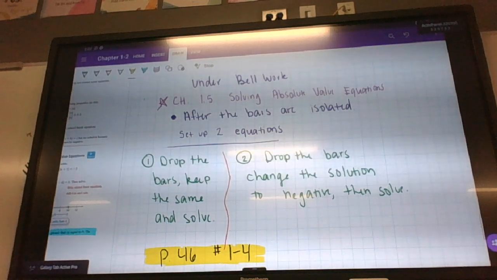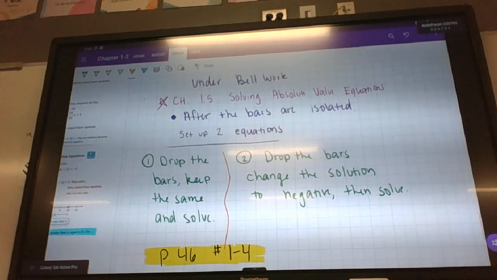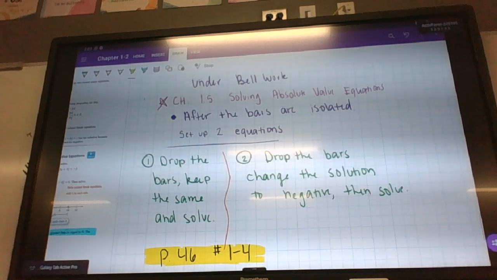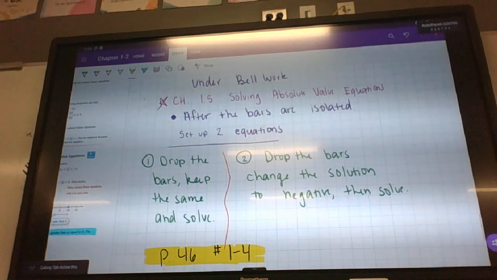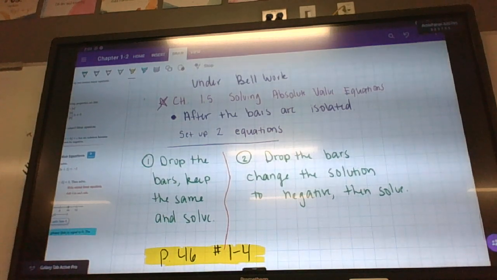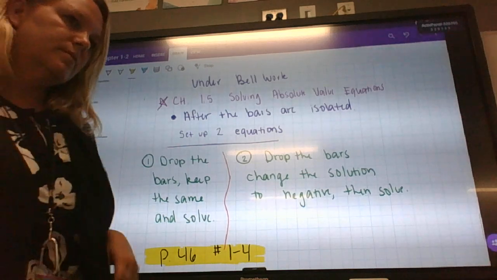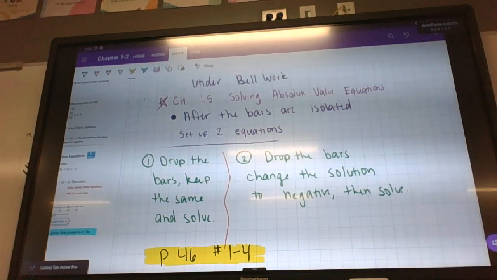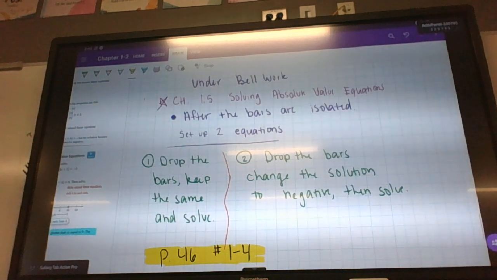So I'm looking around to see who's ready. Just about there. Right now you're doing class art, page 46. Let's try these 2 sets.